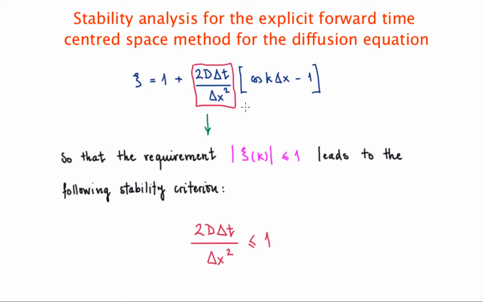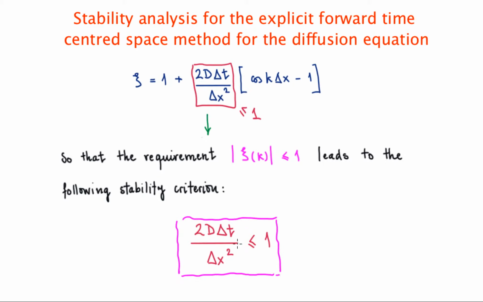But for that, it's necessary for this factor here to be lower or equal than 1. So that leads us to the stability criterion here. This is the stability criterion for this explicit forward time centered space method for the diffusion equation.